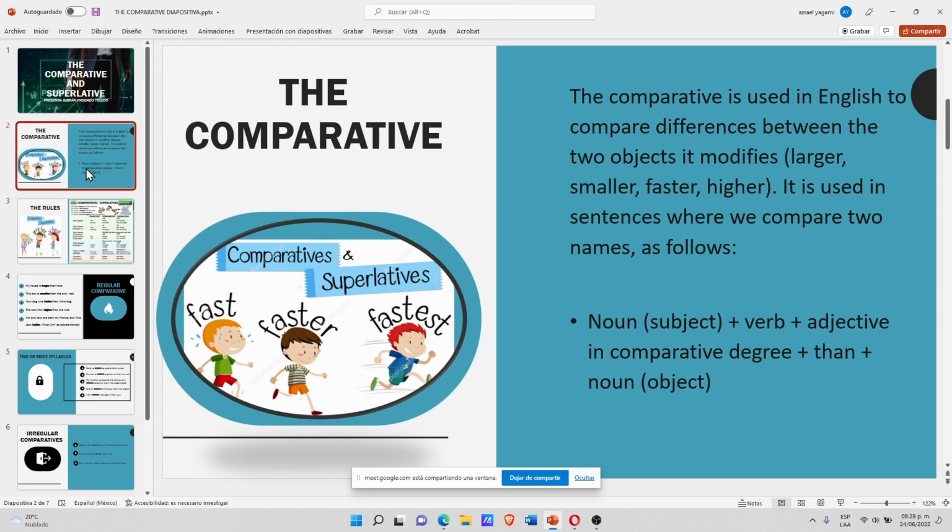The noun in this example is I. Then am is the verb to be. Then an adjective in comparative degree, faster, when we use er. And finally the noun that, in this example, is you.